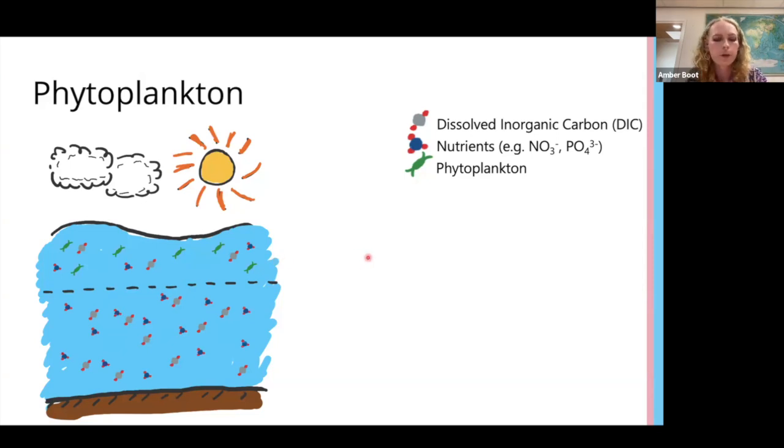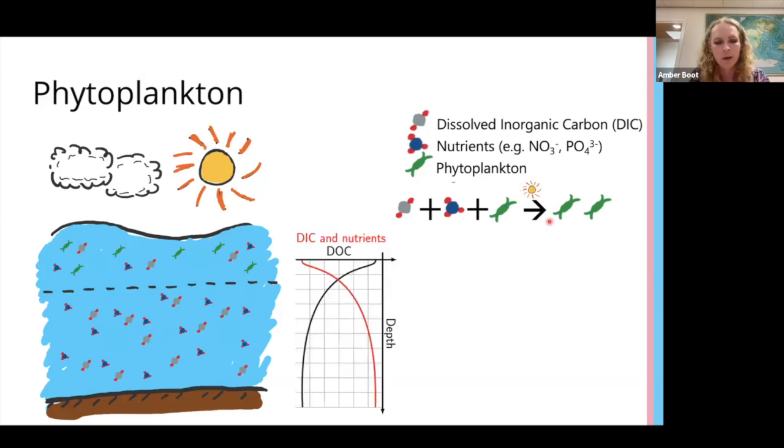Now, what happens with these phytoplankton is we get some carbon, we get some nutrients, add some light, and we have an increase in phytoplankton biomass, right? This is photosynthesis. It's as simple as that. Except that in the way our ecosystems and the ocean work, nutrients are relatively low in the surface ocean and high in the deep ocean, whereas our phytoplankton live in the surface ocean.